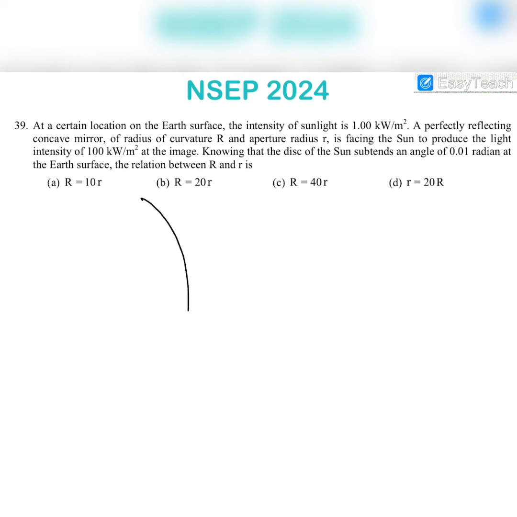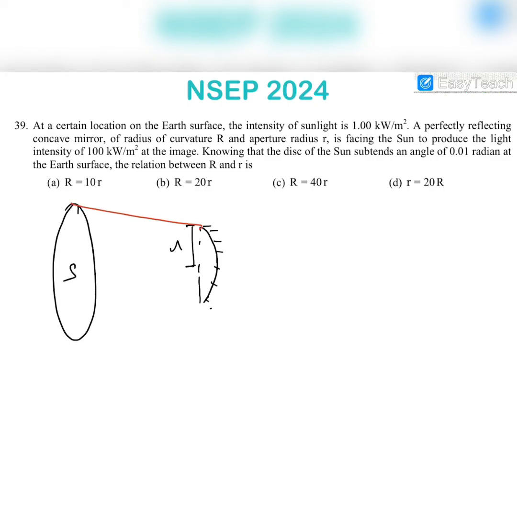So let us draw the scenario. Let us say that this is the sun and this is a small concave mirror as compared to the sun. This is the radius of curvature, and this is the radius of aperture of the mirror. The sunlight is falling on the mirror like that, and the mirror is reflecting this sunlight and focusing it on the focus of the mirror.